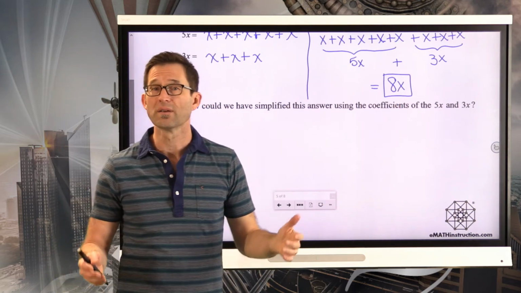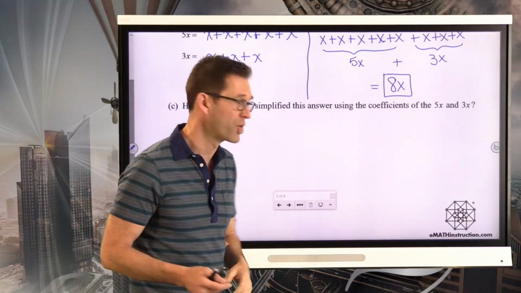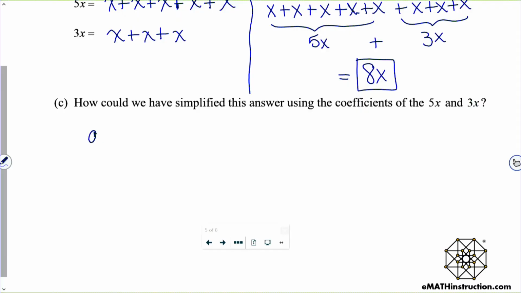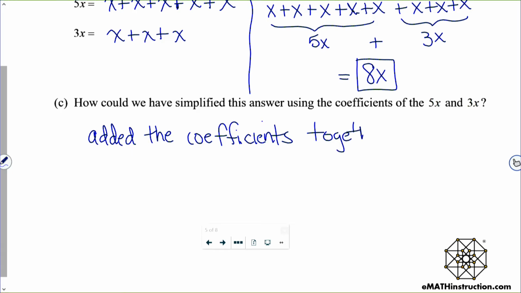Well, we could do it by simply adding the coefficients together. And in fact, please make sure to write this down.